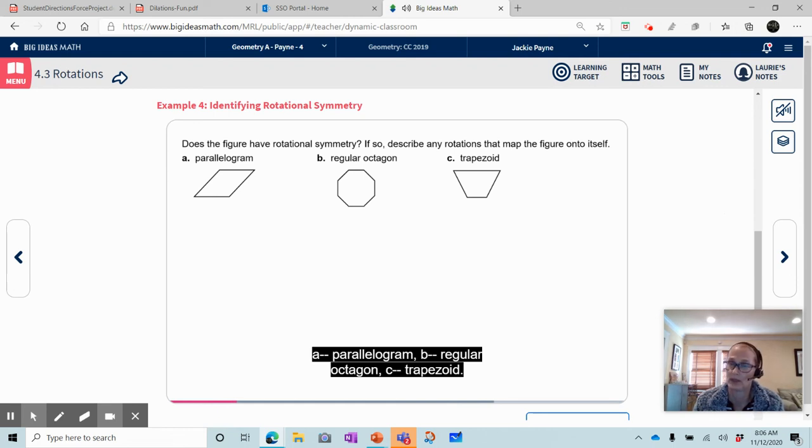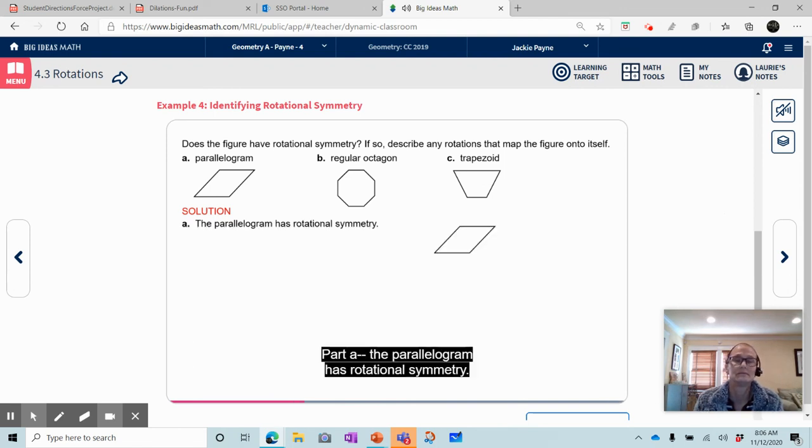C. Trapezoid. Solution. A figure has rotational symmetry when the figure can be mapped onto itself by a rotation of 180 degrees or less about the center of the figure. Part A. The parallelogram has rotational symmetry. The center is the intersection of the diagonals.